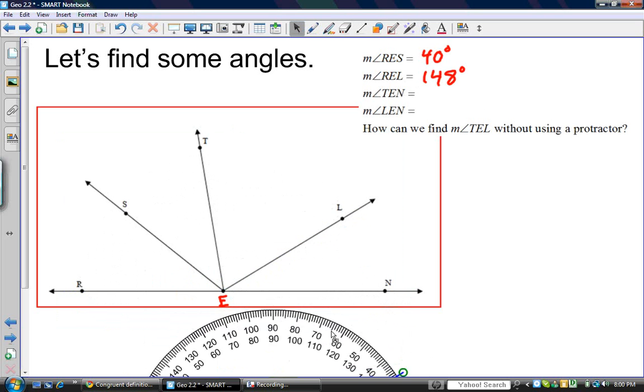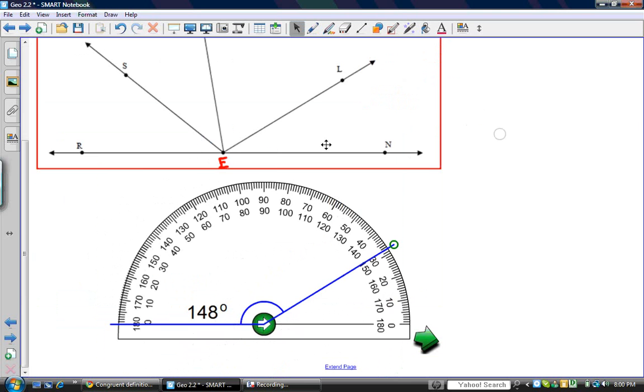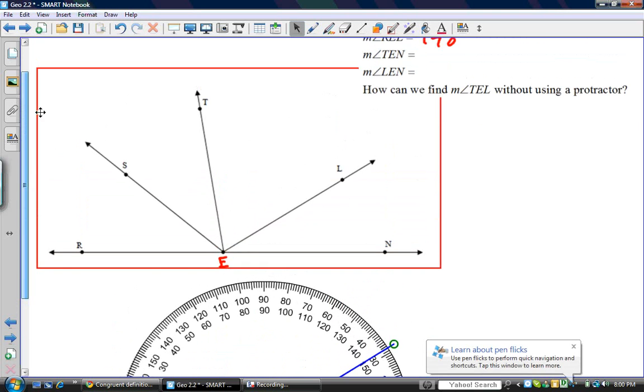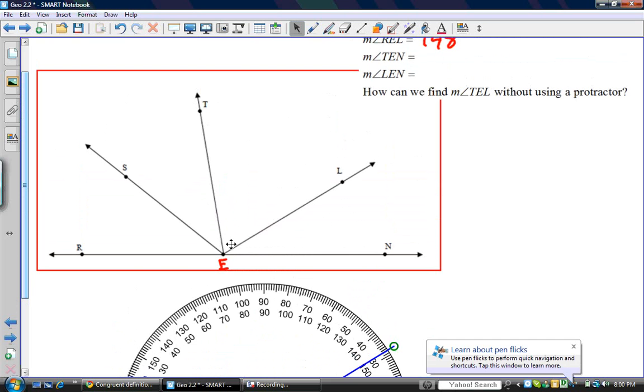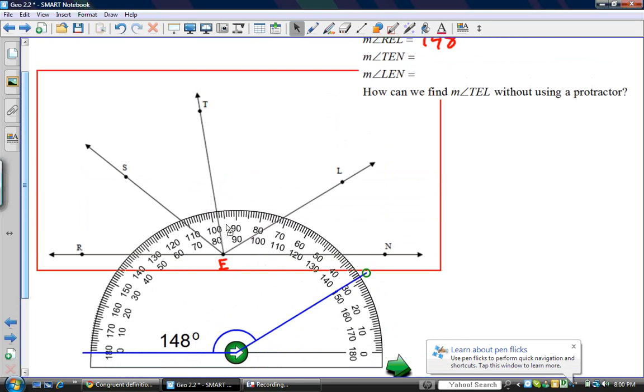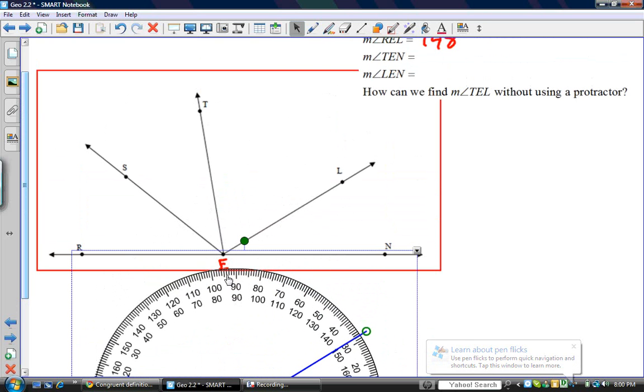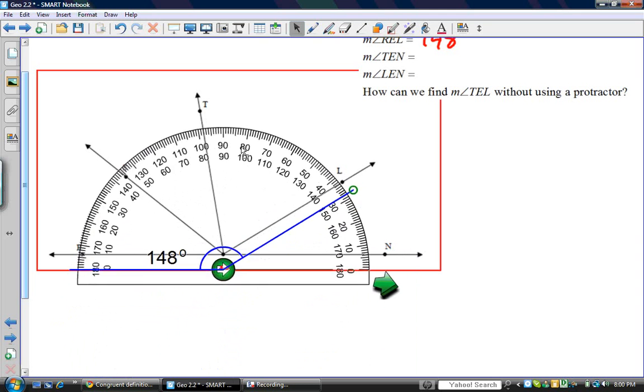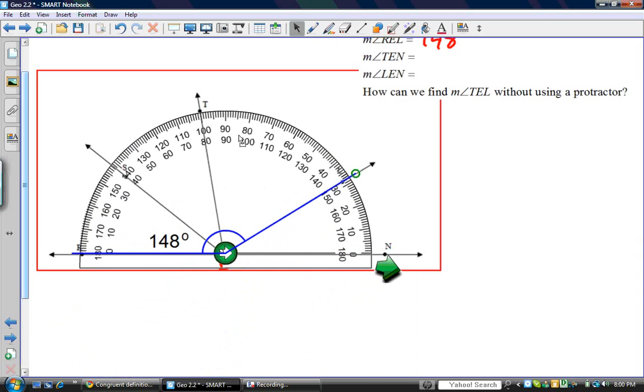Now it says TEN. T is here, come down, and we go to N. Now first of all, we have to think, is this bigger or smaller than 90 degrees? Looks like it's slightly bigger than 1/4 of the distance around, so I would guess that's bigger than 90 degrees.